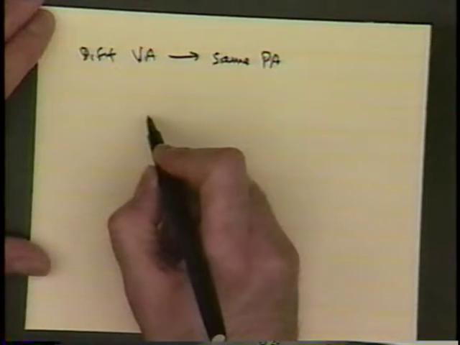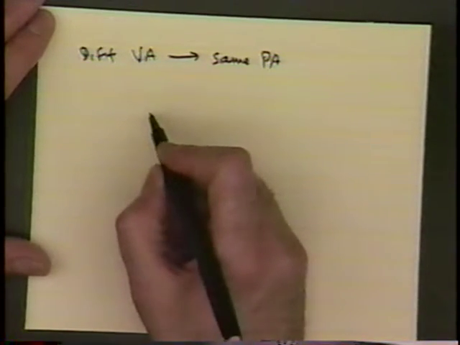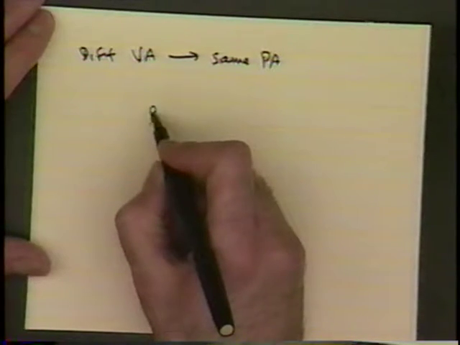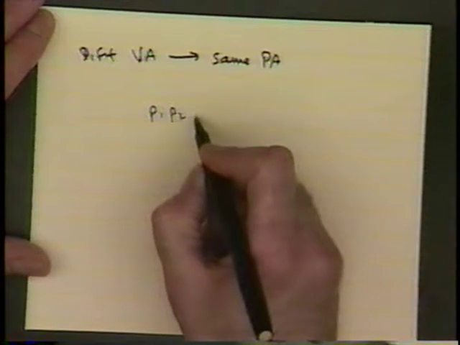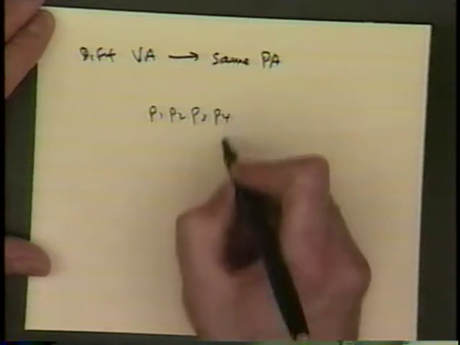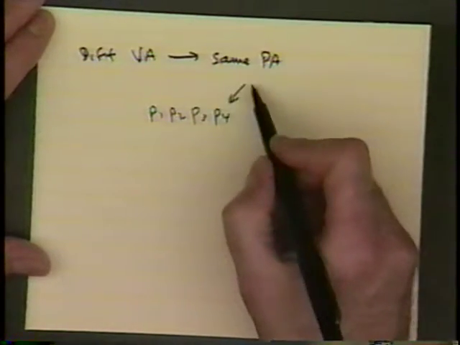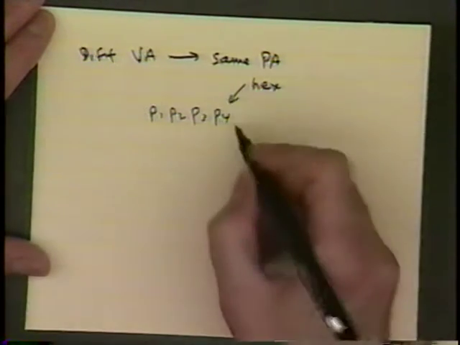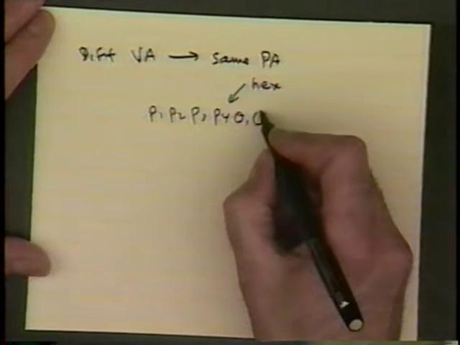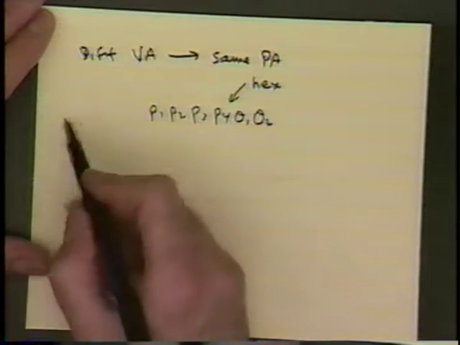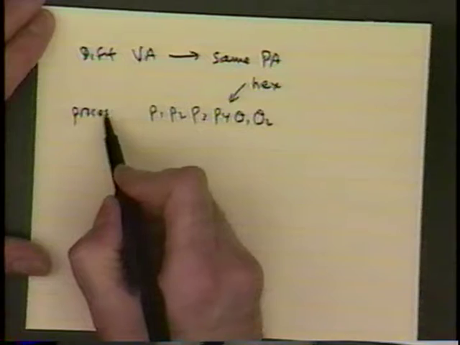And let's say that for process number 1, it has a virtual address which looks like P1, P2, P3, P4. Let's say that these are hex digits or something like that. And an offset 1 and an offset 2. So this is for process 1.